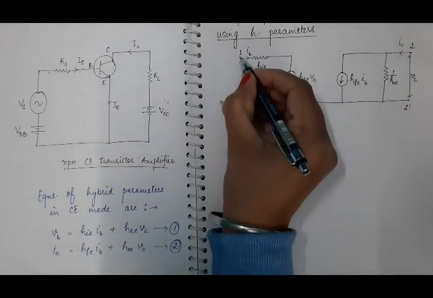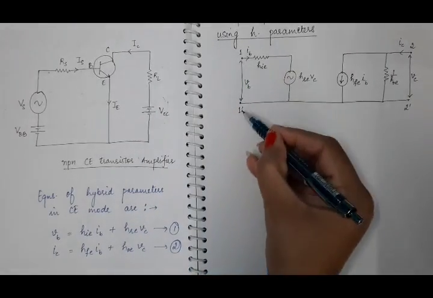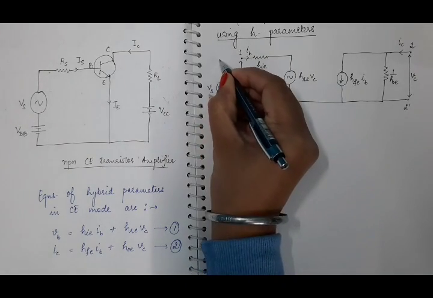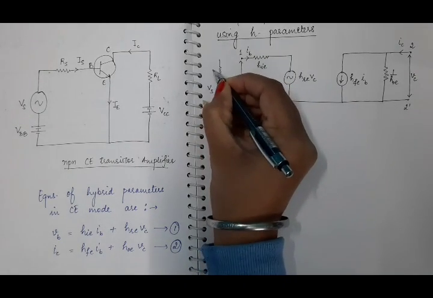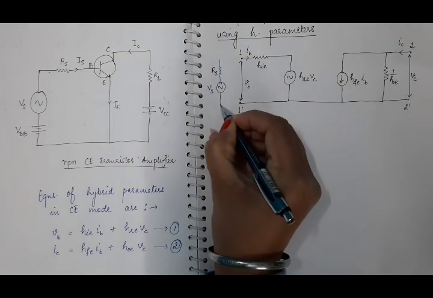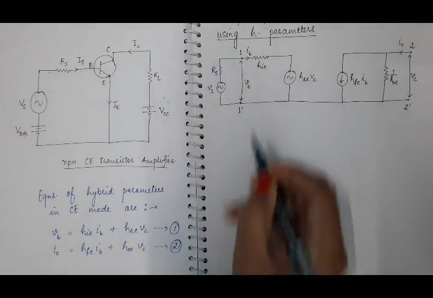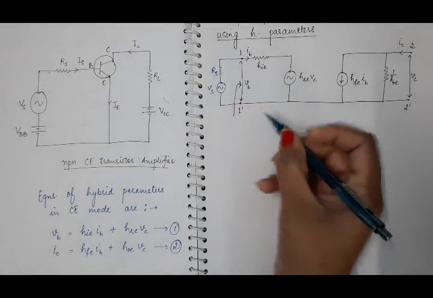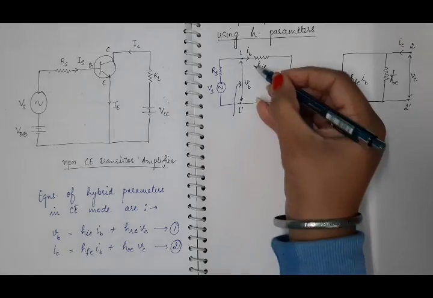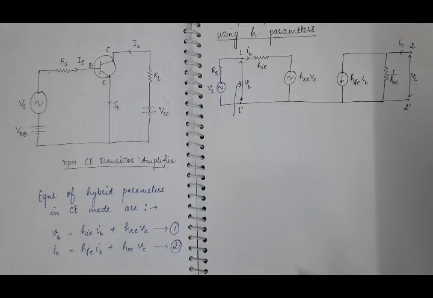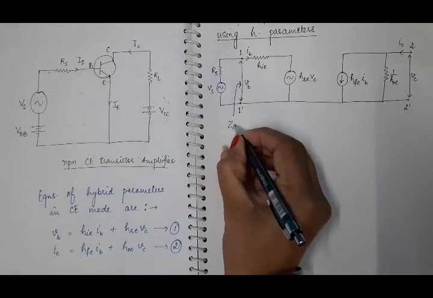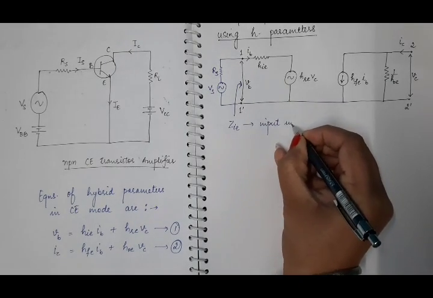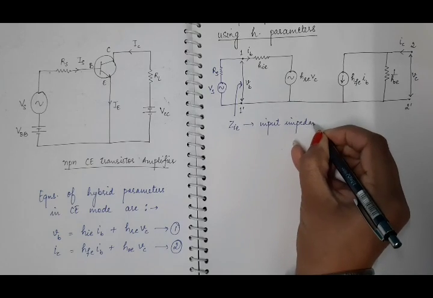We will connect to this input port 1 a source voltage Vs and a series source resistance Rs. Suppose there will be some resistance of this input port also, and suppose that ZIE will be the input impedance or input resistance of the input port.